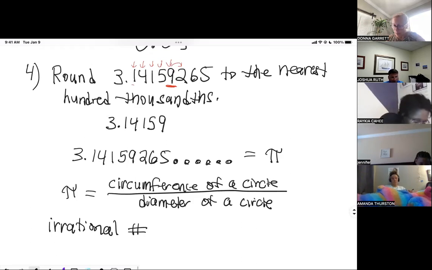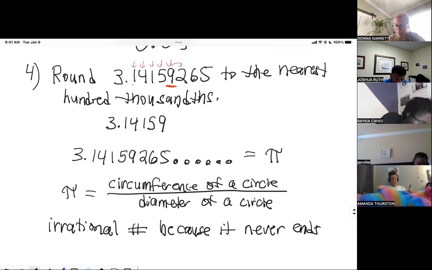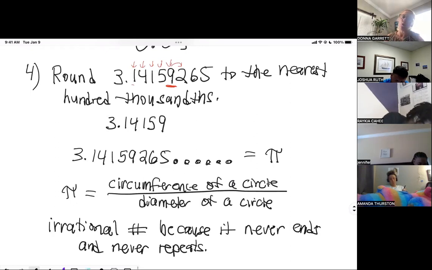So I can tie irrational numbers in, because never ends means it goes on forever and never repeats. And that's all I'm going to say about it, just to warm us up for something that's coming up later.